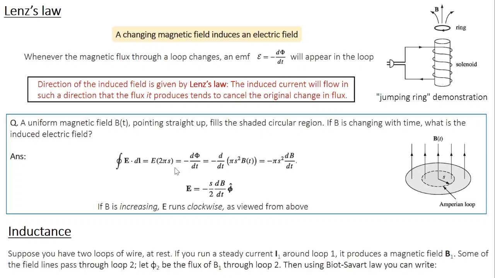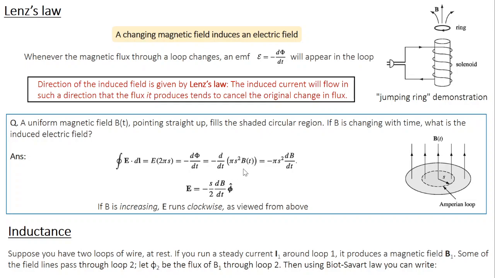Now from the flux rule, integral E dot dl is the induced EMF, which is equal to the negative rate of change of the flux, minus d phi by dt. Flux you can write as the product of the area of the loop, pi s squared, multiplied by magnetic field strength B of t.